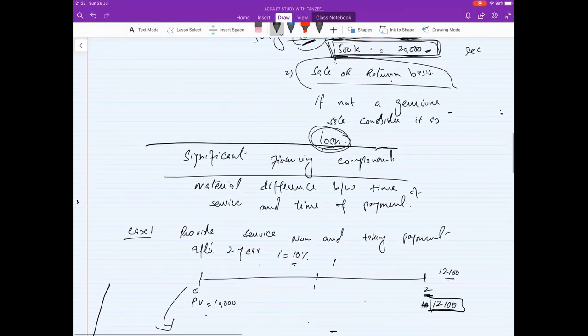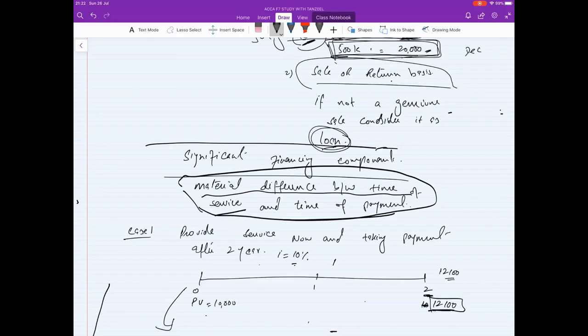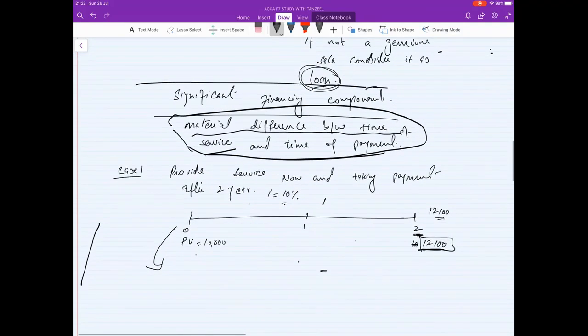So any material difference between time of service and time of payment, we will calculate as a present value. I'll give you the example. Provide service now and taking payment after 2 years.